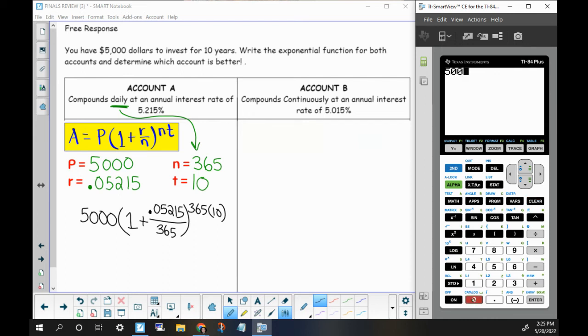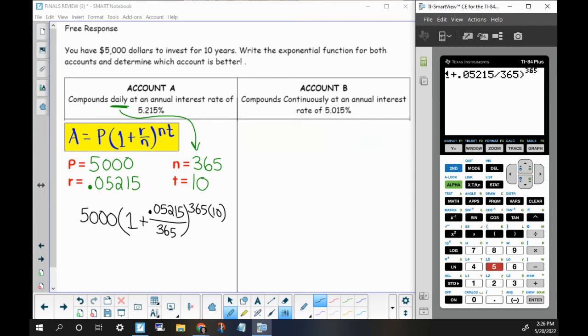We got 5,000, parenthesis, 1 plus 0.05215 divided by 365. Close your parenthesis. And then we must raise this, so hit your caret key to 365.